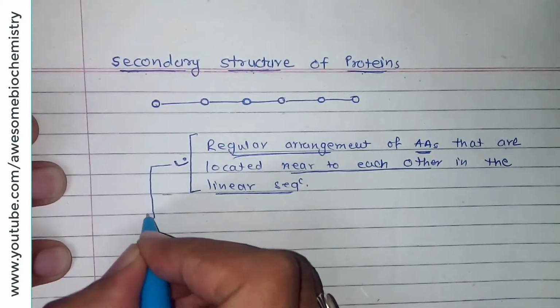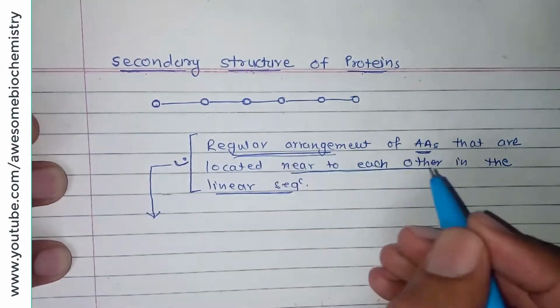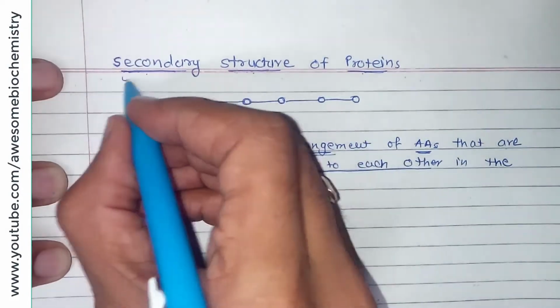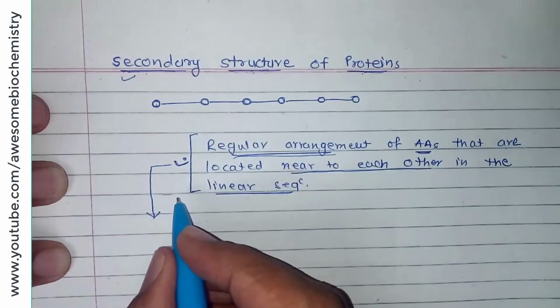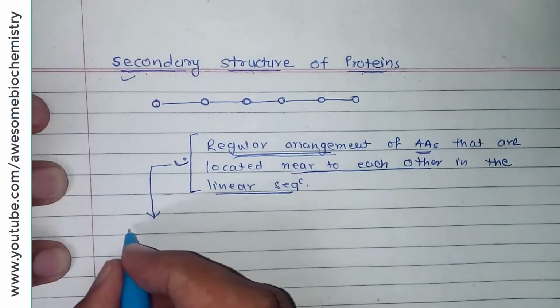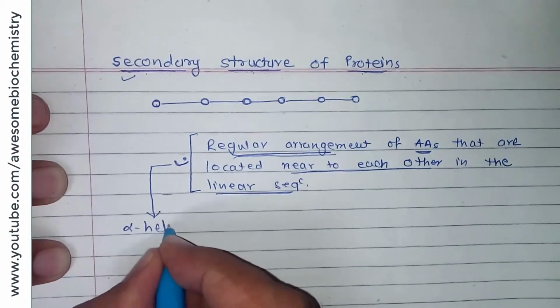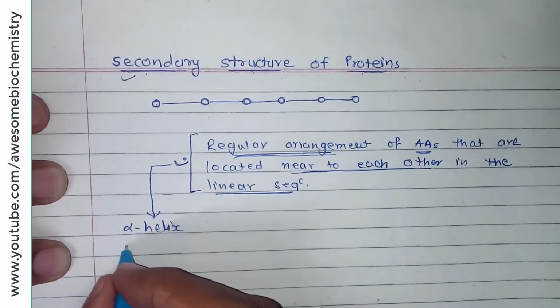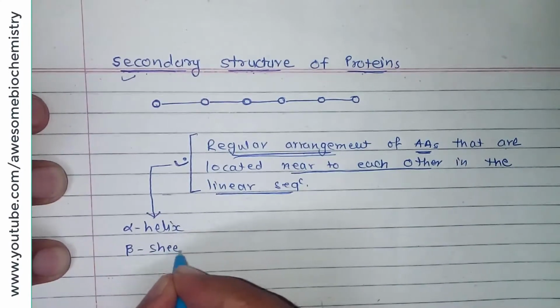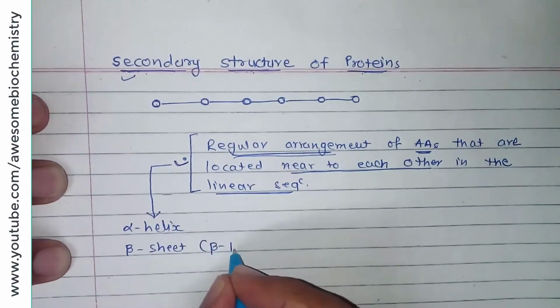So, many different types of such regular arrangements are seen in secondary structure. What are these different types? The first and most common is the alpha helix. The second type is the beta sheet, also called beta pleated sheet.